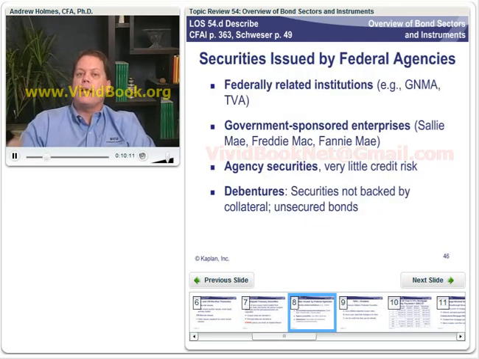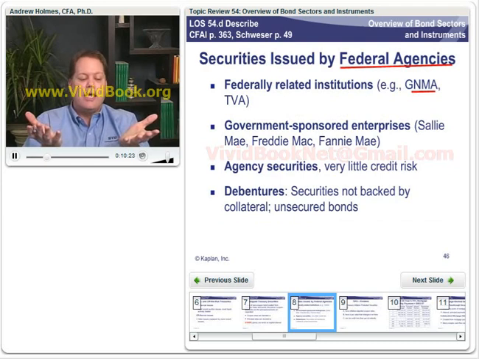So looking at securities issued by federal agencies, well, there can be federally related institutions like Ginnie Mae. We can have government-sponsored enterprises. That means the tie between the government and the agency or the enterprise is less formal. So theoretically, anyway, the government could walk away from Sallie Mae or Freddie Mac or Fannie Mae.